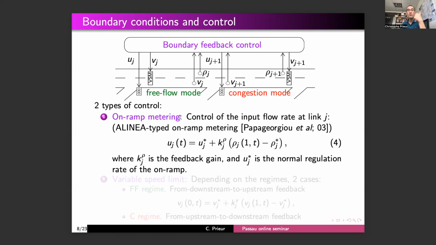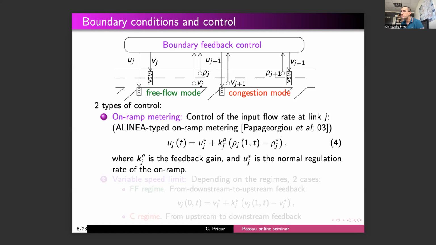So it gives you the first boundary condition. It is just a boundary condition for this segment at this point, at x equals 0. And so you have one onramp metering there, another control there for this segment, etc., etc. Okay. So to be more specific, I will consider proportional control for this onramp metering.